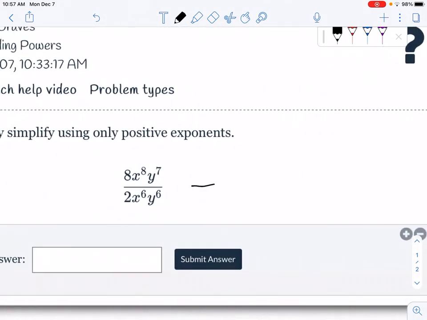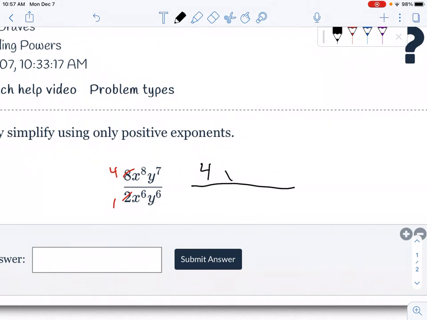Okay, reduce bases, or reduce our base numbers. So 8 over 2, and these reduce. 2 goes into 2 once, and 2 goes into 8 4 times. So I'm left with 4. And then I have 8 over 6. So I have 8 minus 6.